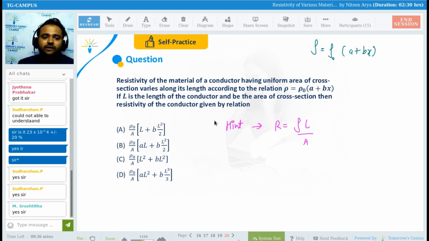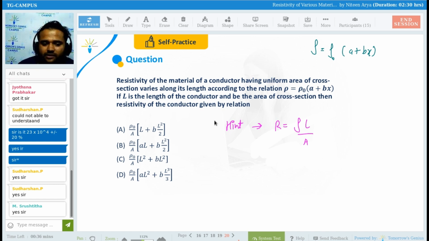Now I'm not going to tell you anything else, neither am I going to write. If you understand whatever I'm saying, you tell me the answer within the next a minute or two. Instead of R, write dR. Instead of rho, write this relation, rho naught (A plus Bx). Instead of L, because it is going to change linearly, write dx, and then integrate from 0 to L. And that is very easy.